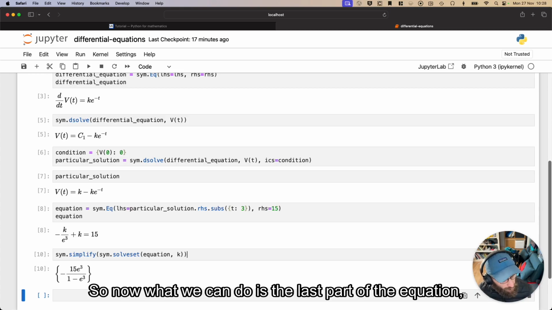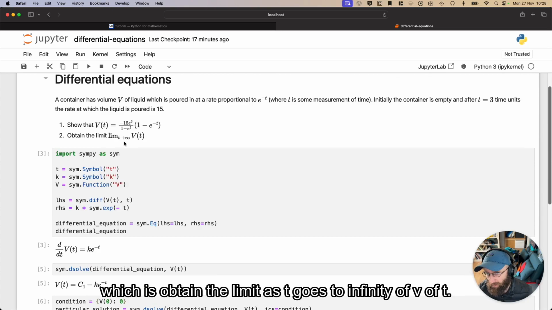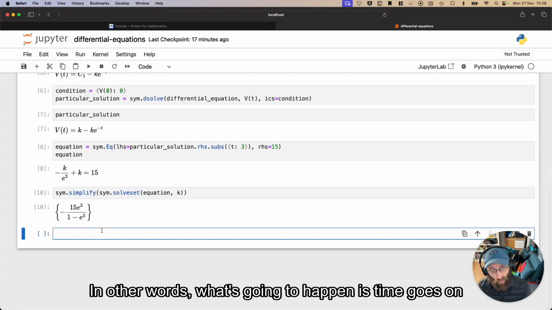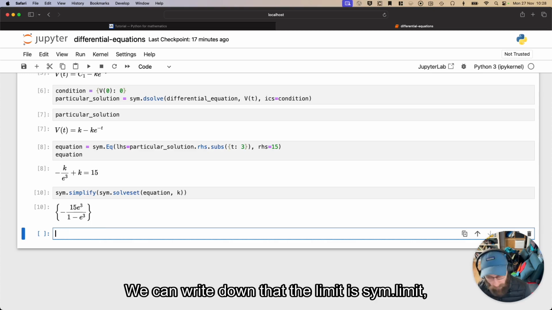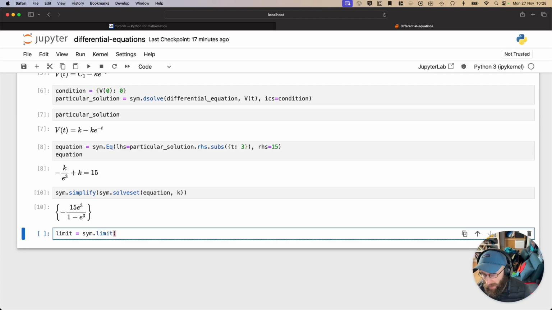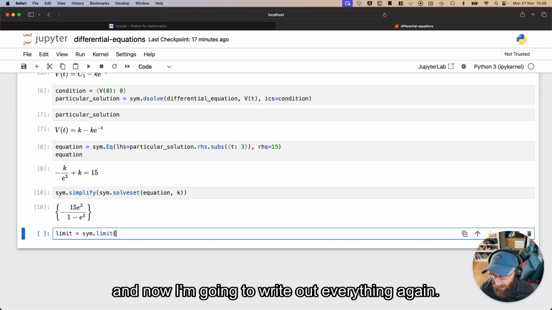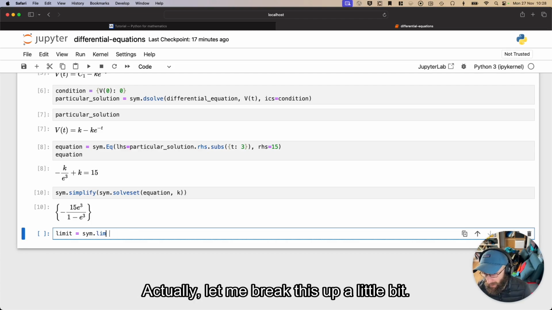So now what we can do is the last part of the problem, which is to obtain the limit as t goes to infinity of v of t. In other words, what's going to happen as time goes on and we keep pouring. We can write down that the limit is sym.limit, and now I'm going to write out everything again. Actually, let me break this up a little bit.